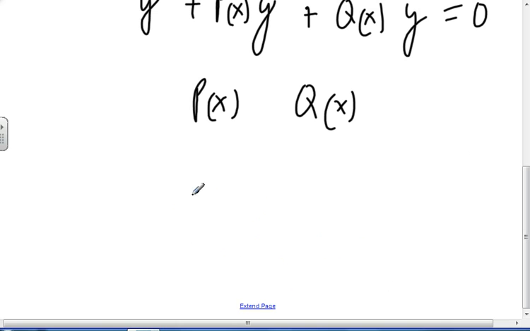Now, what makes something not analytic? Well, if I divide by 0, that would be something that isn't analytic, and my solution wouldn't work very well.